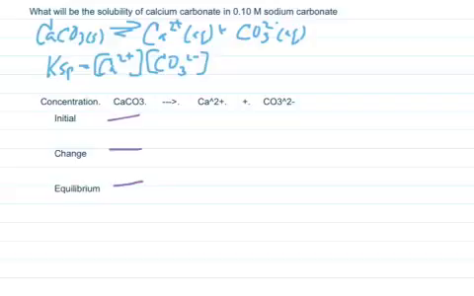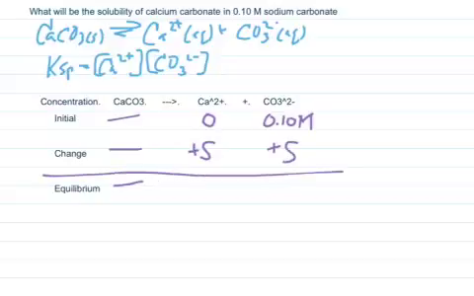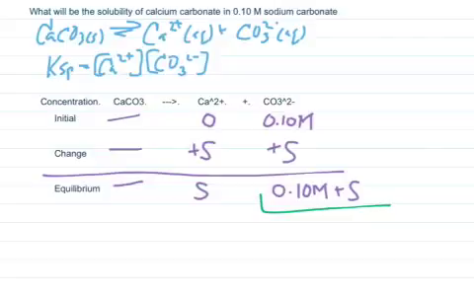So the initial is 0 for the calcium, but we're adding in 0.10 molar of extra carbonate. Now the change is plus molar solubility, and the carbonate is plus molar solubility to give us S for the calcium and 0.10 molar plus S for the molar solubility for carbonate. Now, just like with the weak acids and weak bases, when we look at 0.1 molar, what we need to look at is we need to compare it against the KSP.